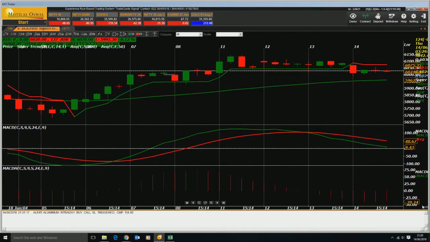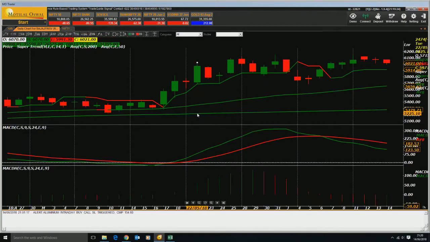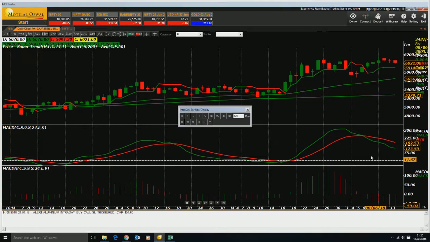Here we go to the daily chart, and if I see, according to the daily chart it's a buy, but for the last 3 days it's going down, right? So let's see on our execution time frame, which is 120 minutes.